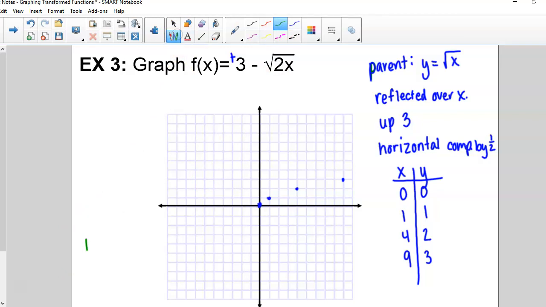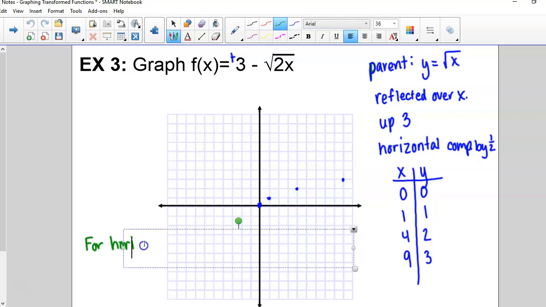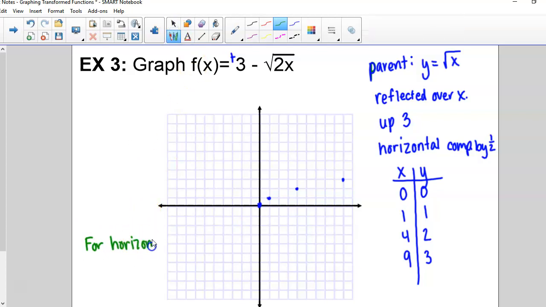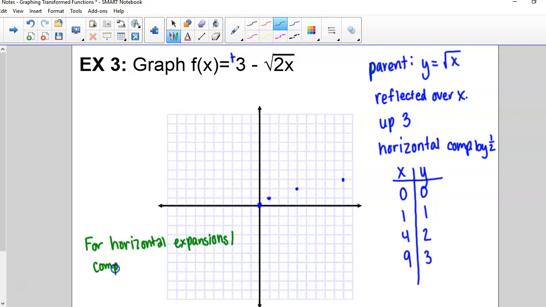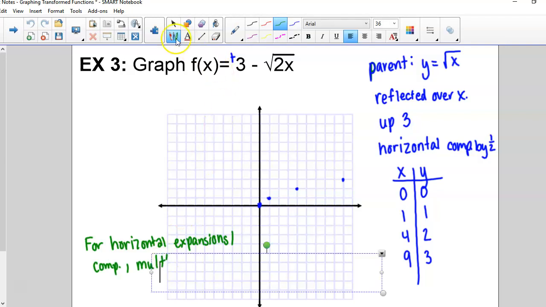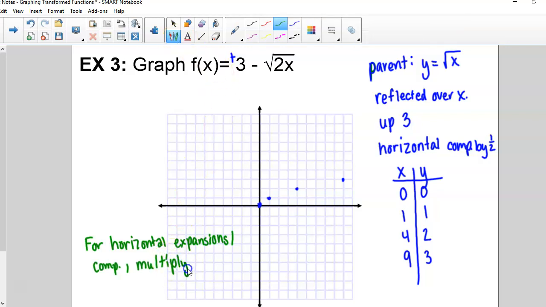For horizontal compressions or expansions, multiply the x by the factor.